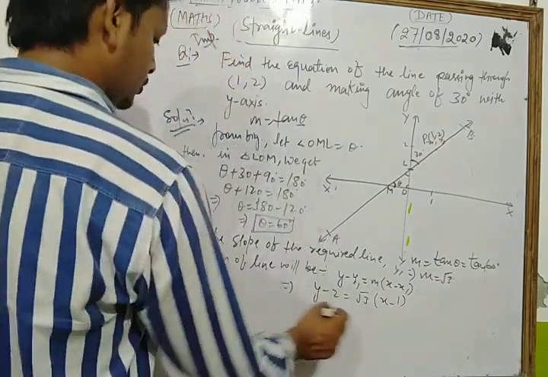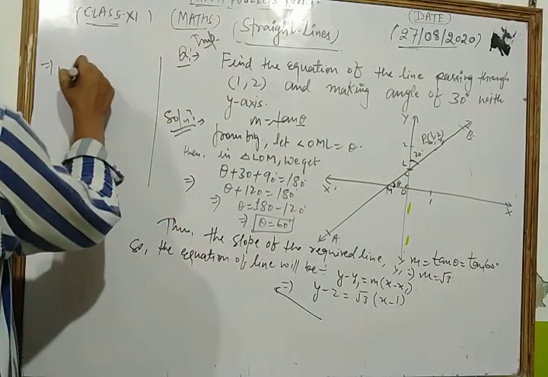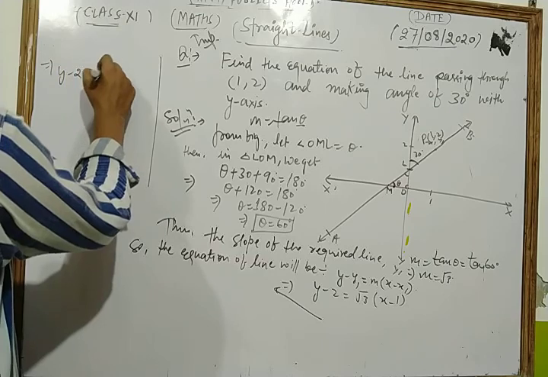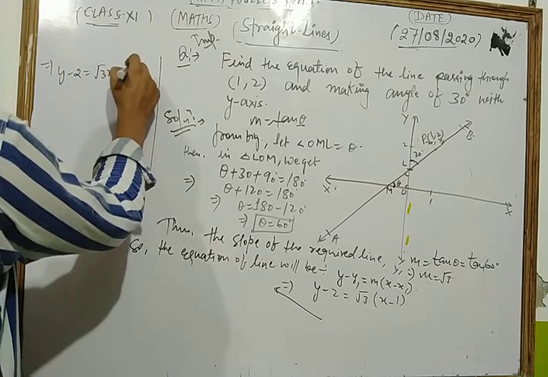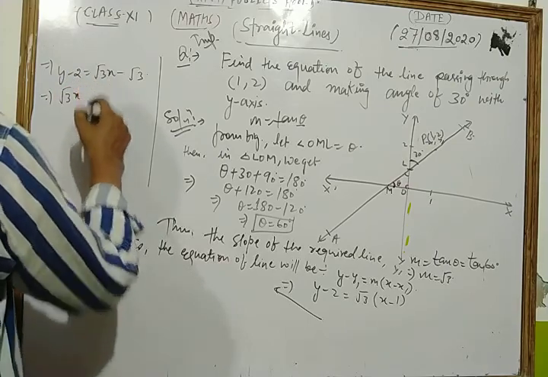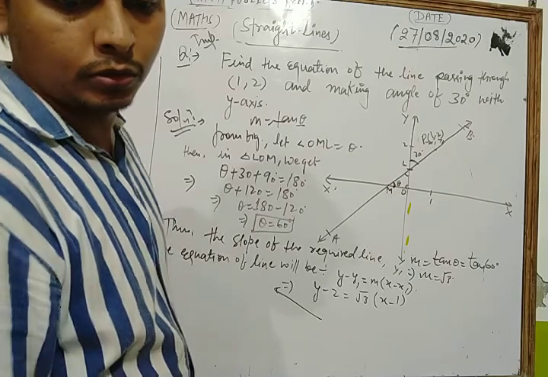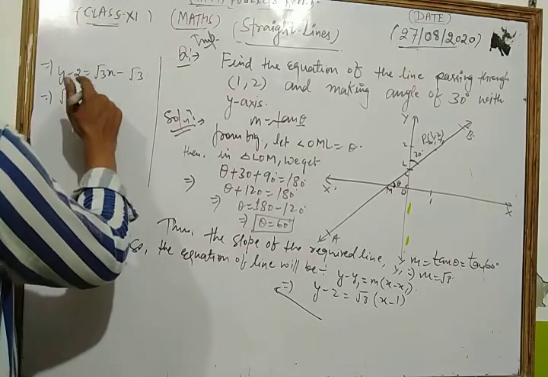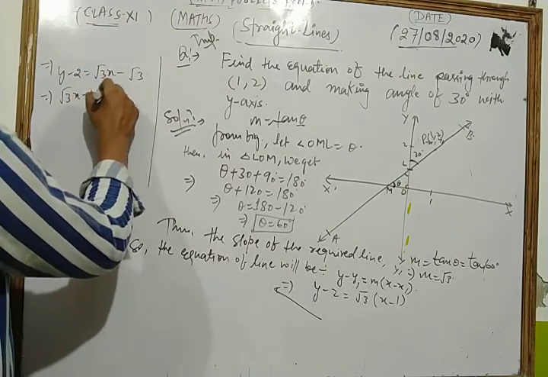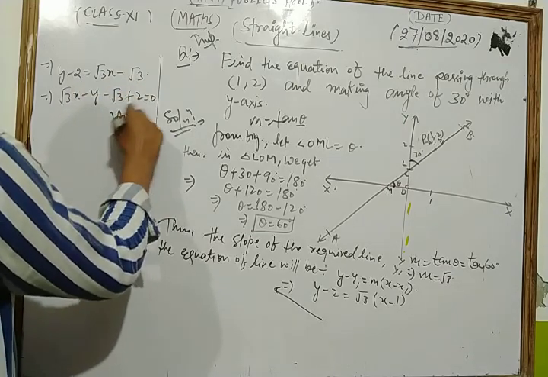After solving, we get y minus 2 is equal to root 3 x minus root 3. So we get root 3 x minus y minus root 3 plus 2 is equal to 0. This is our required answer.